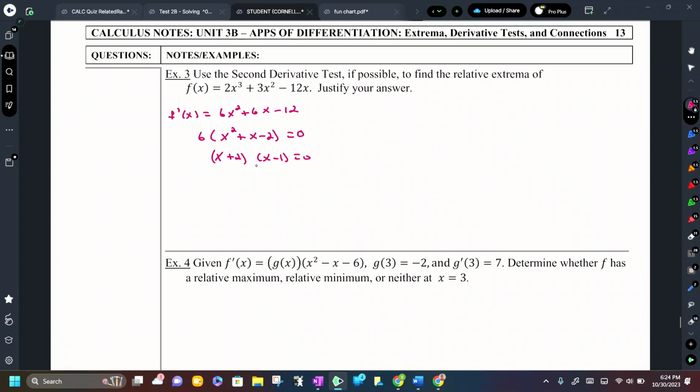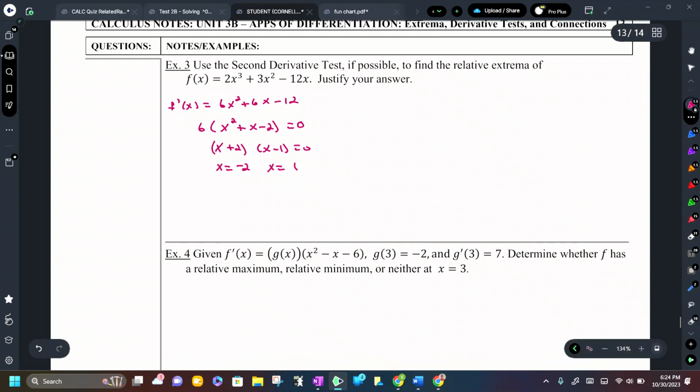We set each factor equal to 0 and solve. So we end up with x equal to negative 2 and x equal to positive 1. These are my critical numbers. These are where my horizontal tangent lines occur.